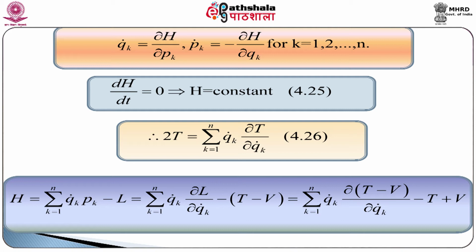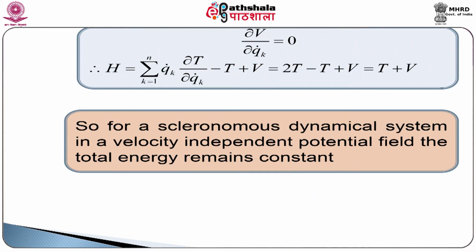Thus, we get H equal to summation k equal to 1 to n Qk dot del del Qk dot of (T minus V) minus T plus V. Since in a velocity independent potential field, V is independent of velocity Qk dot, so del V del Qk dot equal to 0.